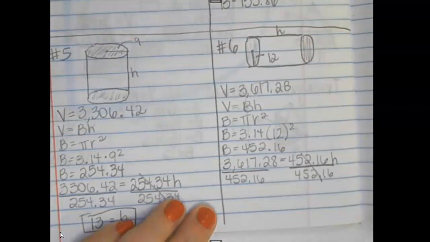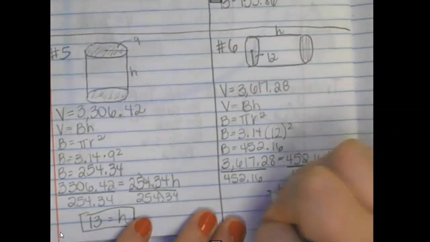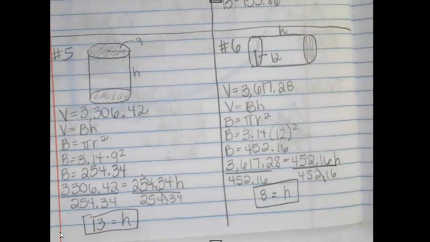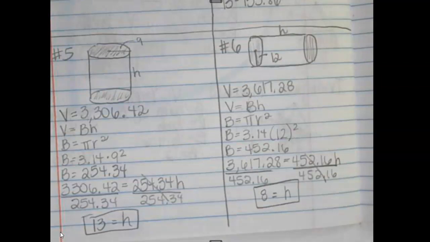Cancels. So I'm going to take 3617.28 and divide it by 452.16, and we get a height of 8. It's not always going to be a nice, pretty whole number, but for 8th grade, a lot of times it's going to be a decently easy number.